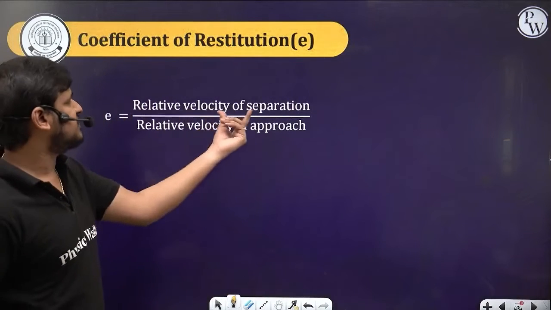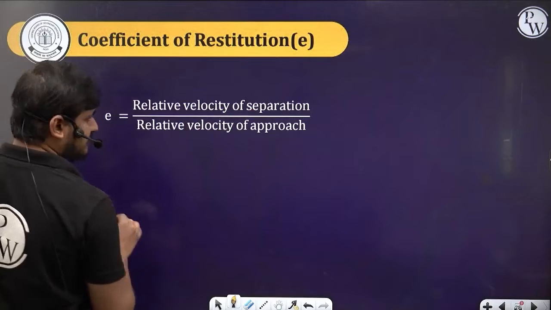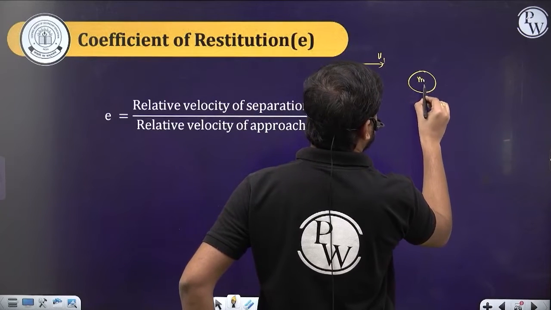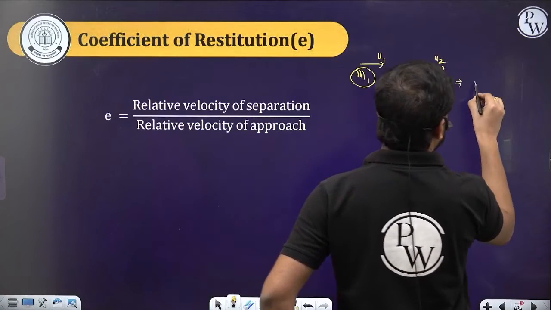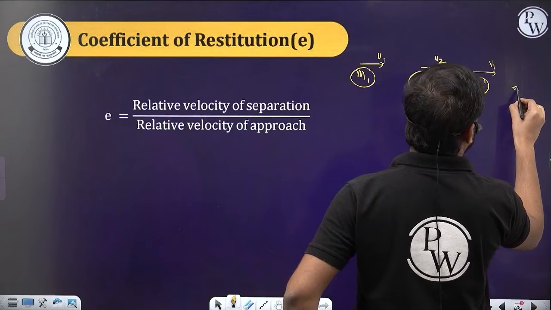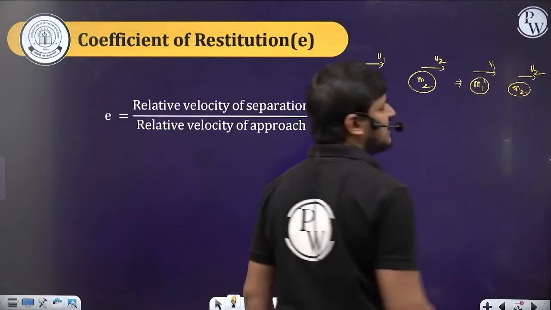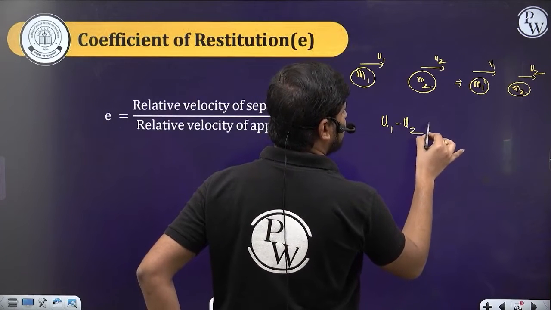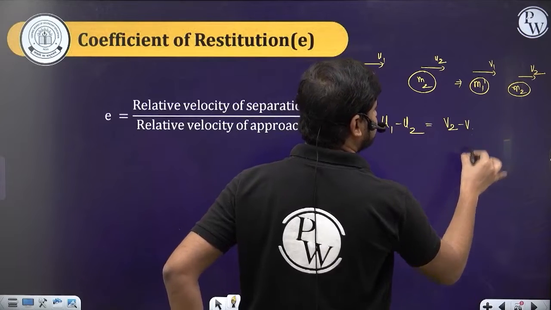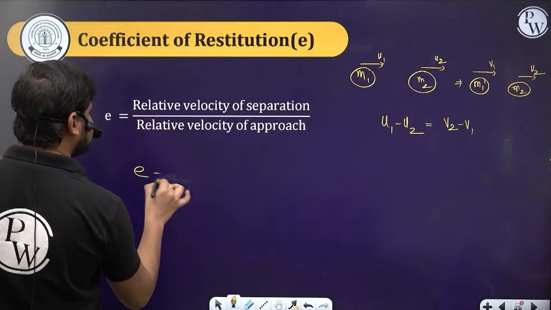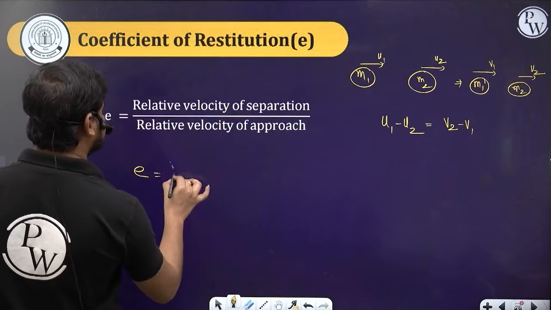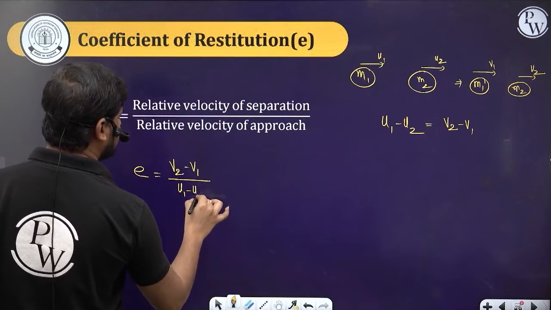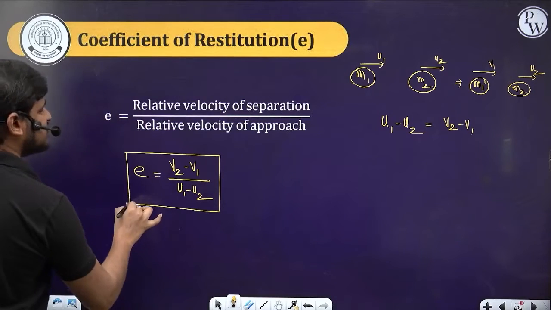It is the relative velocity of separation by the relative velocity of approach. In the previous session, we saw that if a mass m1 moves with velocity u1 and a mass m2 moves with velocity u2, after collision m1 moves with v1 and m2 moves with v2. So the coefficient of restitution e is v2 minus v1 by u1 minus u2.